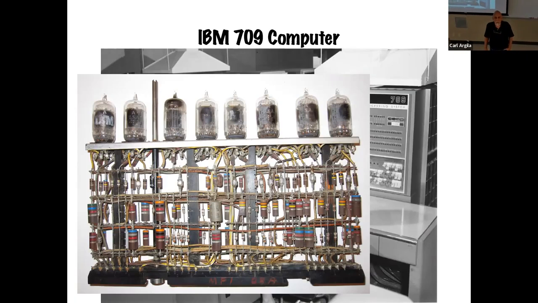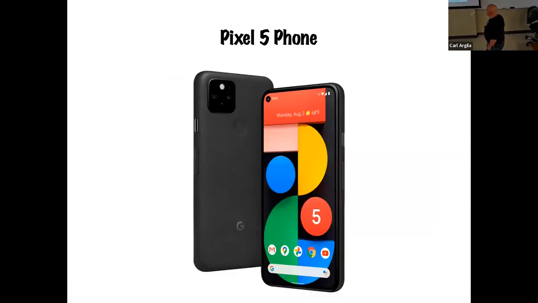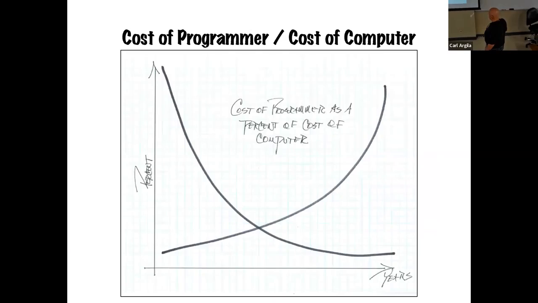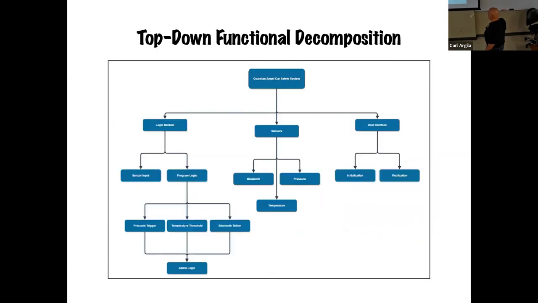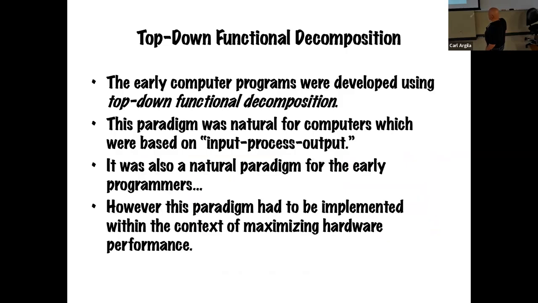And I only have thousands of these circuit boards, not millions, and certainly not billions. And so to implement top-down functional decomposition, I also had to implement that within the context of maximizing hardware performance.